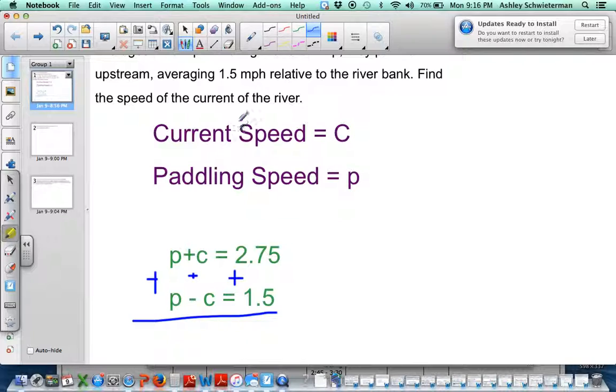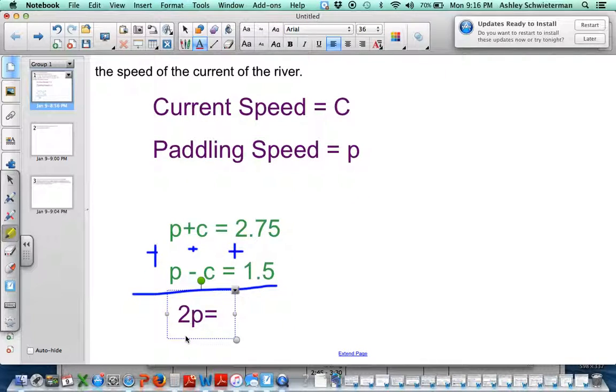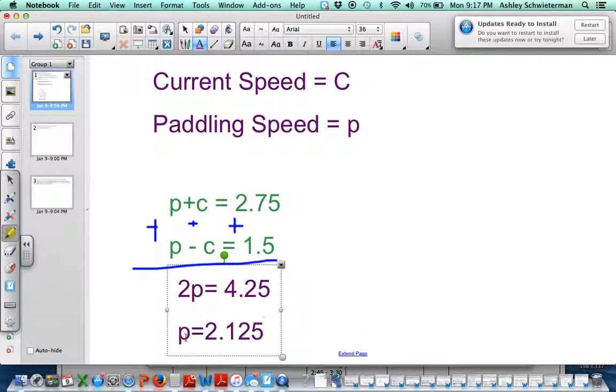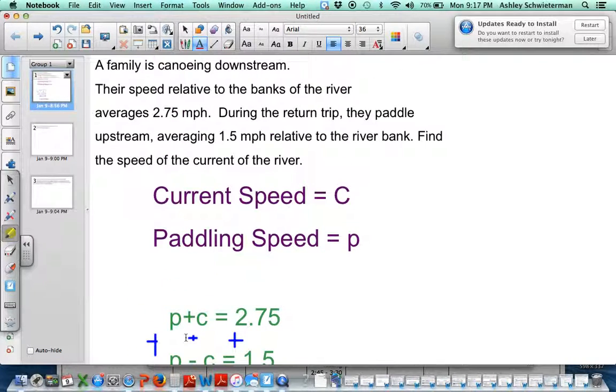So I'm going to be left with 2p equals 4.25, and then we would have to divide both sides by 2, and p will equal 2.125 miles per hour. And that is how fast they are paddling.